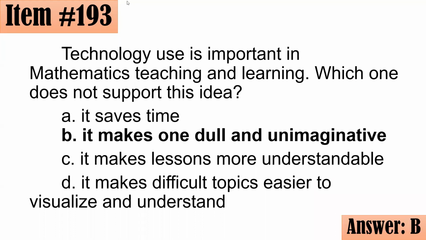So, it's more of advantages rather than disadvantages. A, C, and D, it's talking more about the usage or the advantages of using technology, whereas B is not. So, tama nga po naman. And I agree with you, it's the odd one out, or siya yung item, or siya yung choice na iba sa lahat.